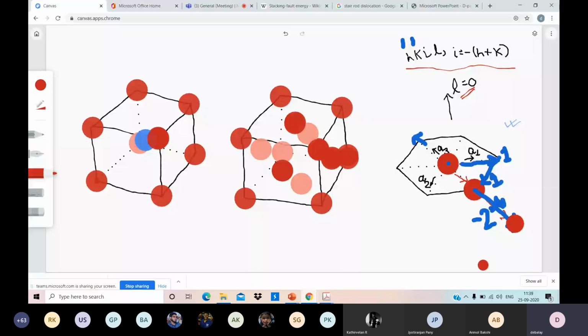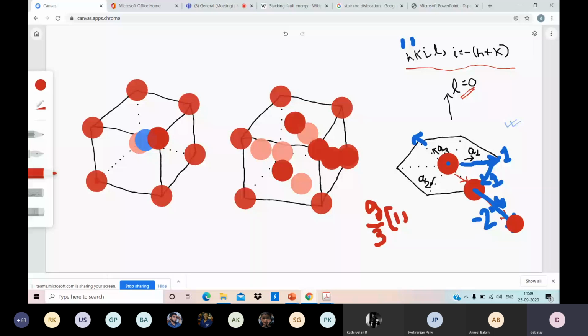You understand? So what would be my Burgers vector? I have to reduce the magnitude by dividing it by 3. So my Burgers vector I write a0 by 3, 1 1 2 bar 0.